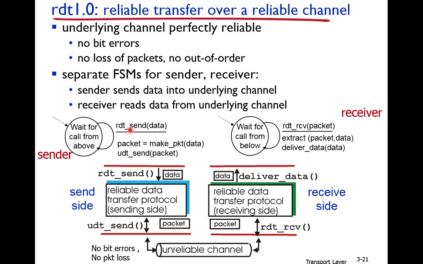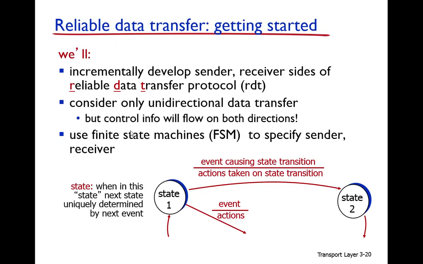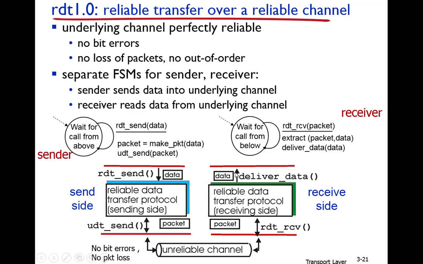As we know, in the FSM, when we move from one state to another state, there is a transition, and this transition has two parts, the event that causes the transition and the actions. In this state, we have the event, that is RDT send.